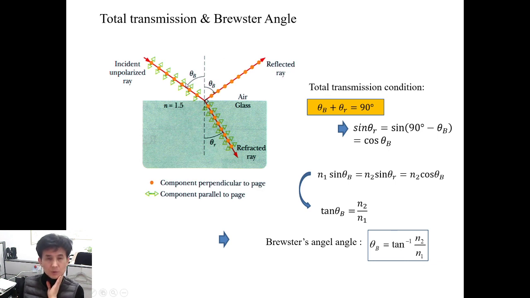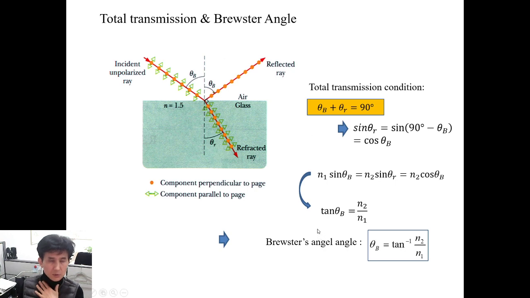So for a special case where the input beam angle plus the output beam angle is 90 degrees, for a specific polarization whose electric field is oscillating like this, there is no reflected light, so perfect transmission happens for the polarized light represented with a green arrow, and there is some reflected light for polarized light whose electric field is coming out of this screen.